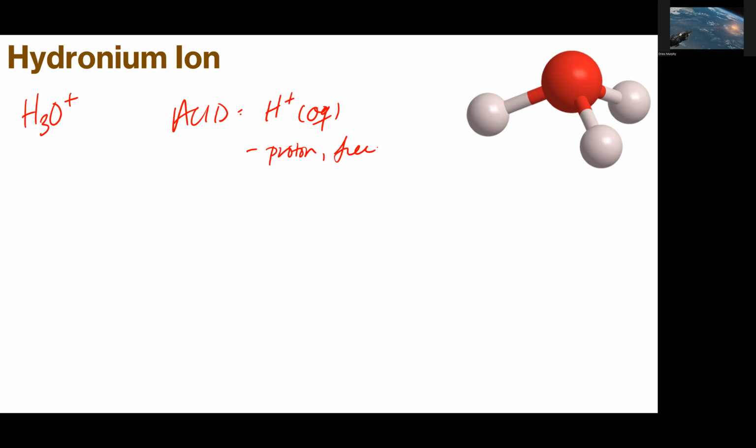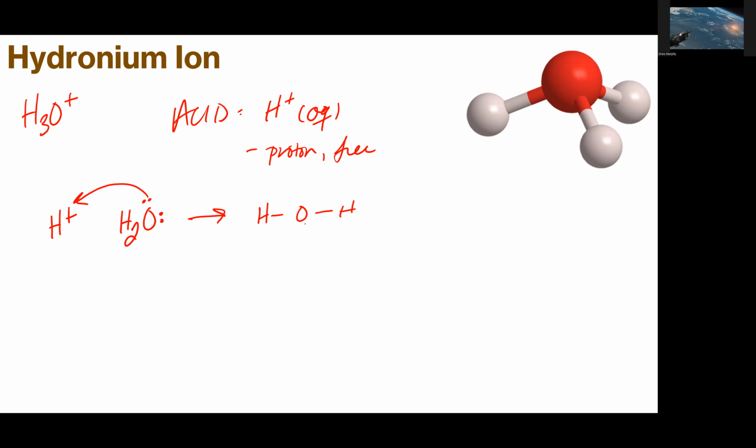Something we should remember is that the proton in solution is not really just free floating around. There's no just H plus ion if you're in an aqueous solution, because the H plus ion is drawn to the lone pairs on the water. You have really strong hydrogen bonding action, and it grabs those hydrogens and makes water.